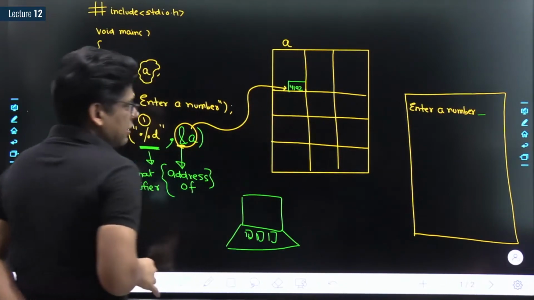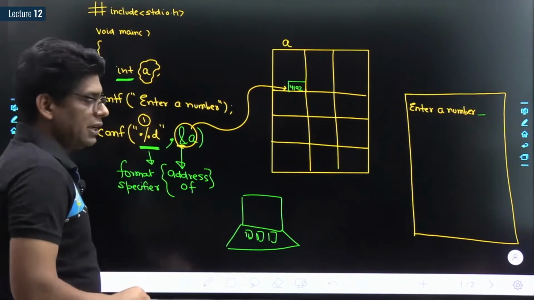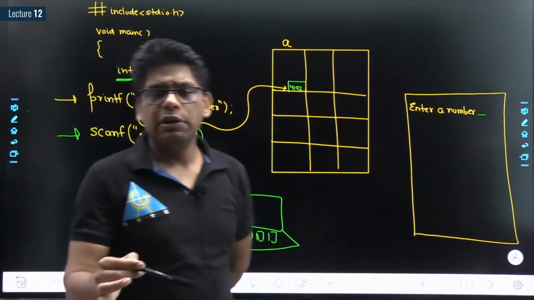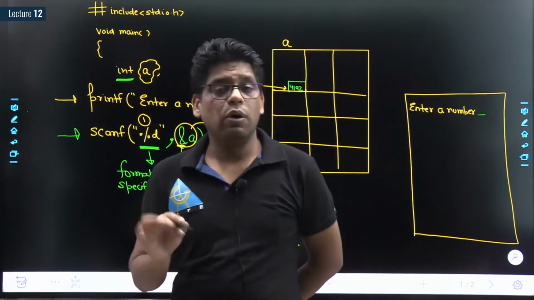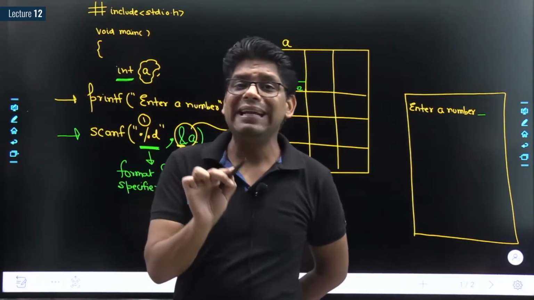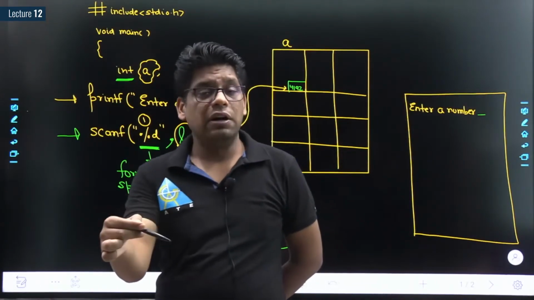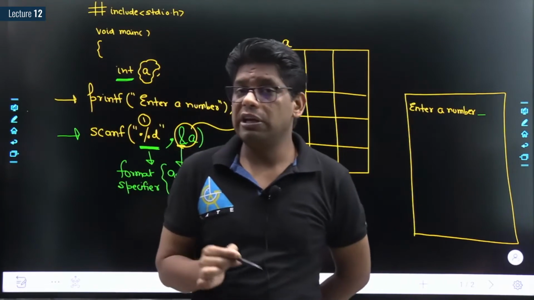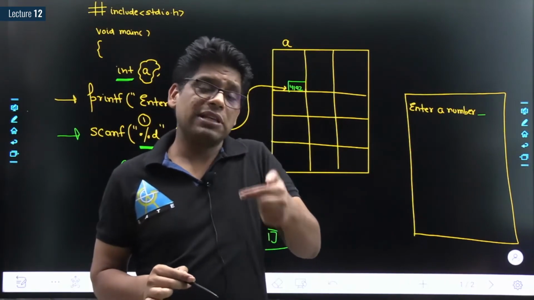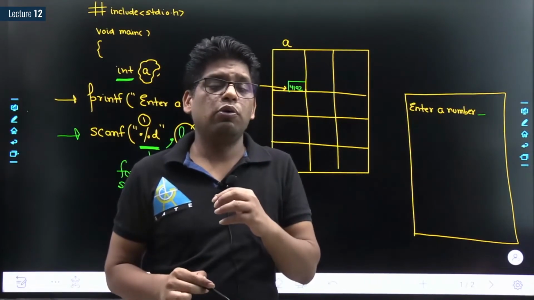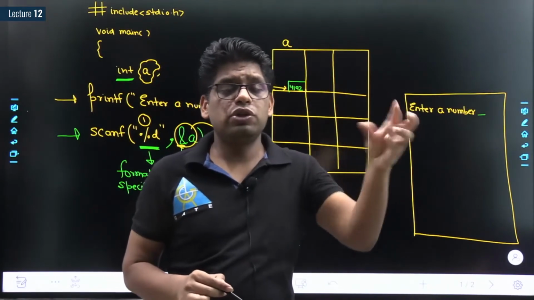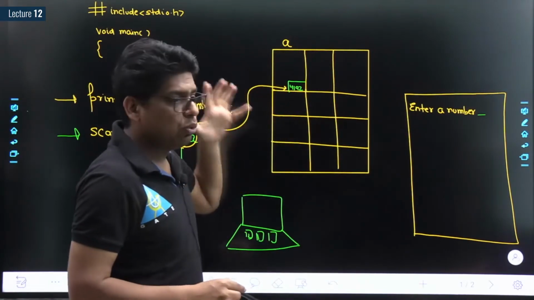That means we are saying whatever data comes through the keyboard, treat it in the form of integer, and inside our program, it is supposed to be stored at this particular location.